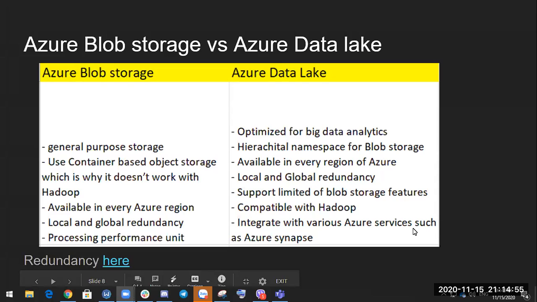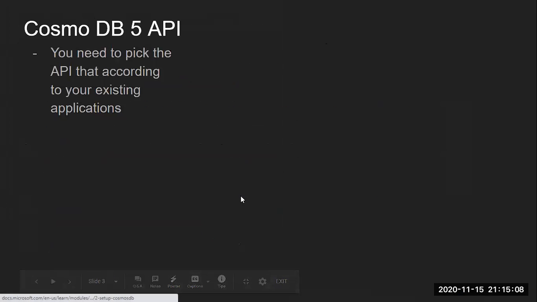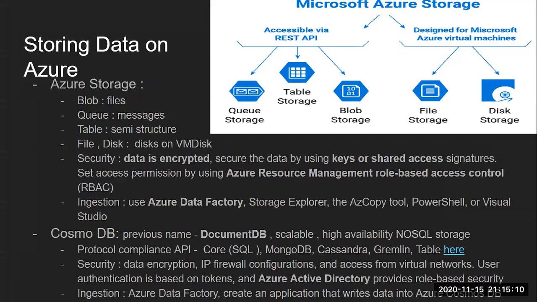So in this session, we will talk a little bit about the different API services on Azure Cosmos DB. As we mentioned last time, Cosmos DB is a NoSQL option for Azure, and the previous name is Document DB.